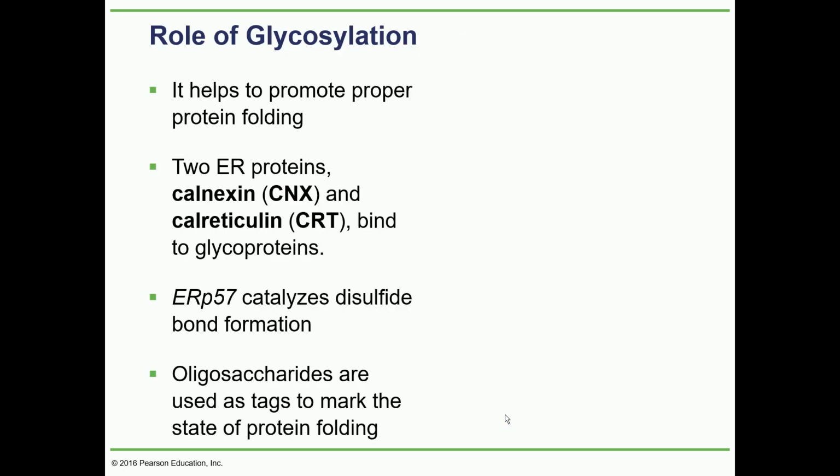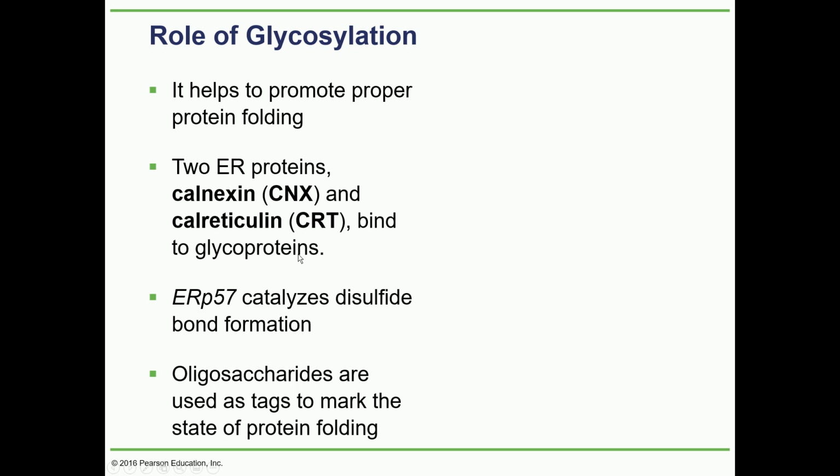Okay, so what is the role of glycosylation? The function of glycosylation is to help in the proper folding of the proteins. There are two proteins in the ER called calnexin and calreticulin. Their function is basically helping in the proper folding of the proteins, and they bind to the glycoproteins.